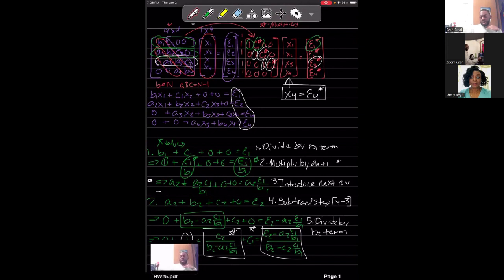Because basically what we will do in the Python is hard code all these derivations to get this worked out. Since we know that x4 and epsilon 4 are equal to each other, we will use the x4 and rework everything backwards.